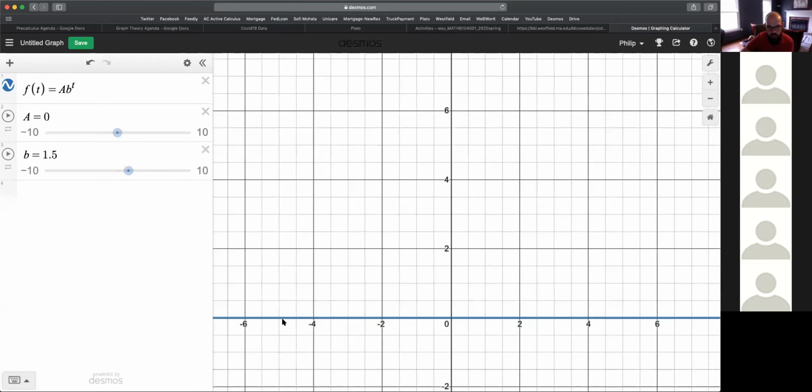You see that it's right here on the x-axis. Okay, so if a is 0 and I change b around, really nothing happens, right? So we just get this flat line, and this would be a linear function, right? So this is just the function f of x equals 0, or y equals 0. This would be a straight line.